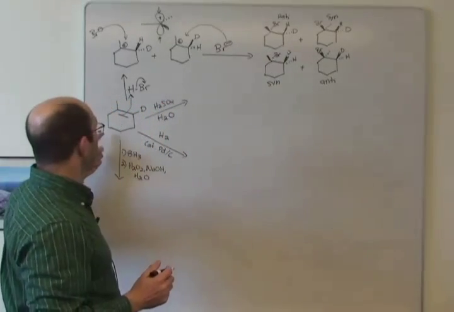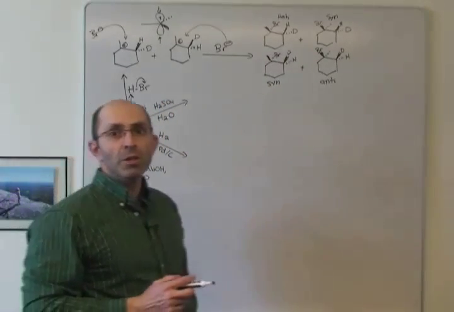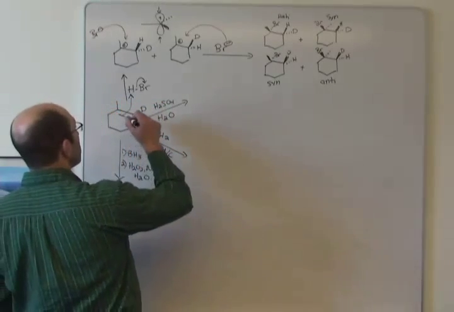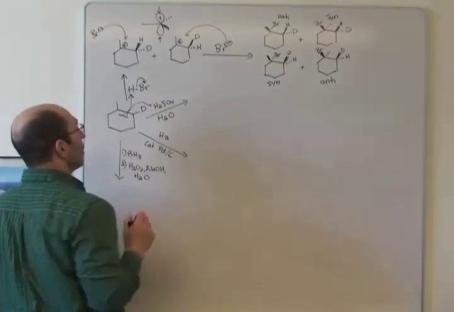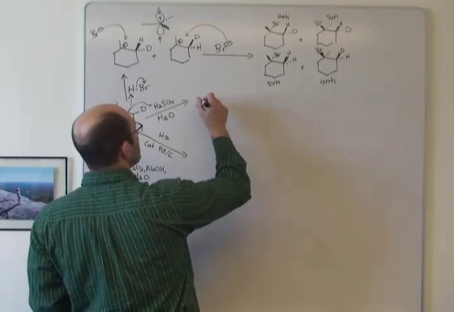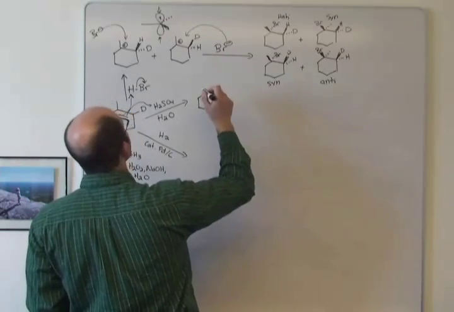Right? If we look at the sulfuric acid and water reaction, essentially the same thing is going to happen. Right? We're going to have the alkene attack the proton from sulfuric acid. Right? We're going to end up forming the same two carbocations.